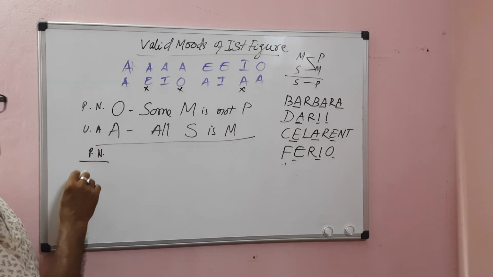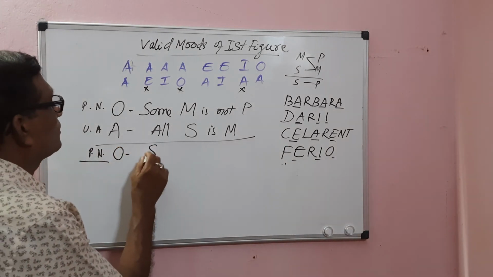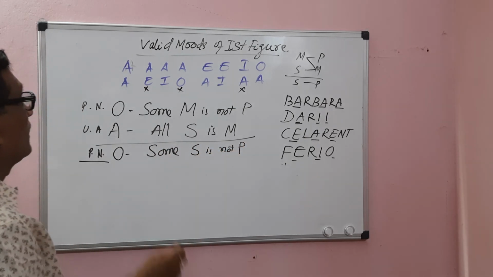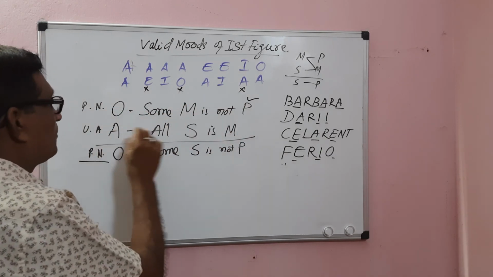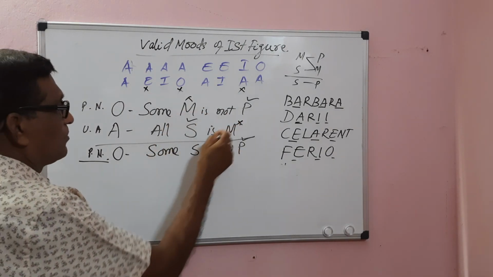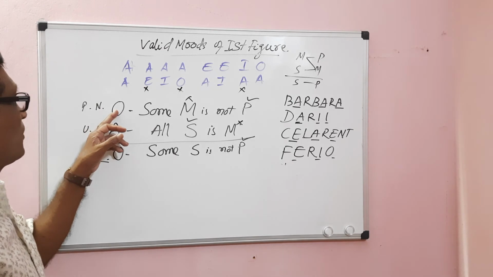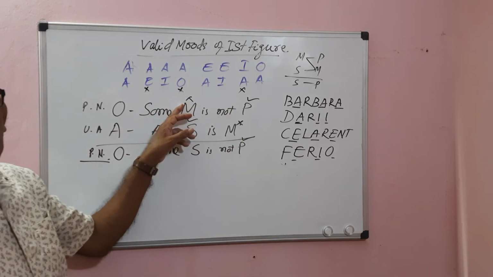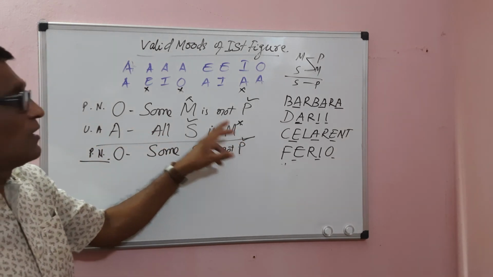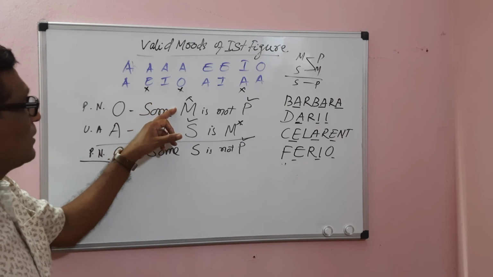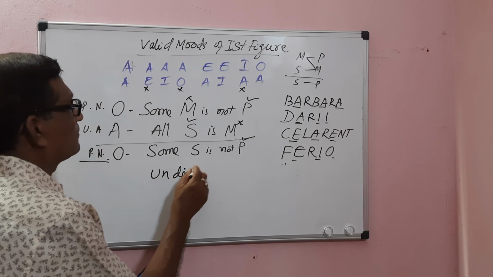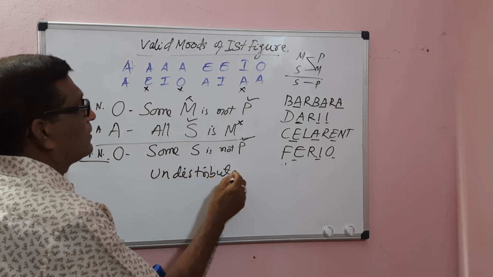The conclusion will be particular negative, meaning an O proposition: some S is not P. The O proposition distributes the predicate only; the A proposition distributes the subject. Here the middle term is not distributed in either premise, because the O proposition distributes the predicate only and the middle term occupies the subject place, and in the minor premise the A proposition distributes the subject while the middle term occupies the predicate place. So it leads to the fallacy of undistributed middle.